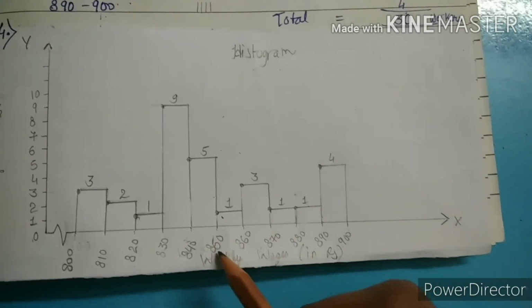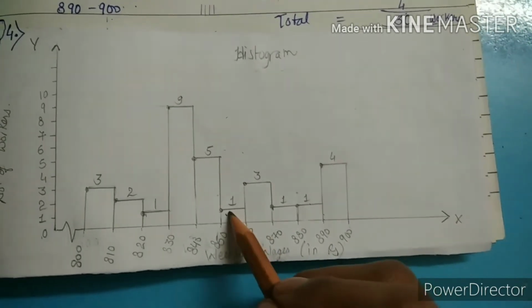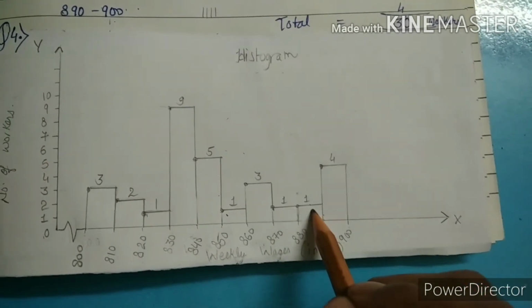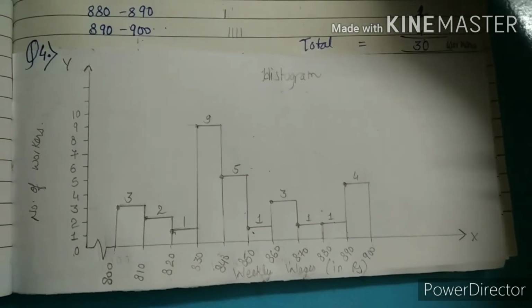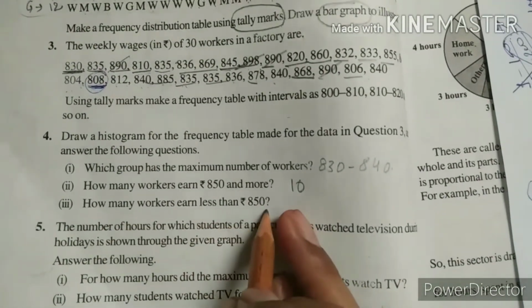So 1 plus 3 is 4, 4 plus 1 is 5, 5 plus 1 is 6, 6 plus 4 is 10. So how many workers earn 850 and more? The answer is 10.